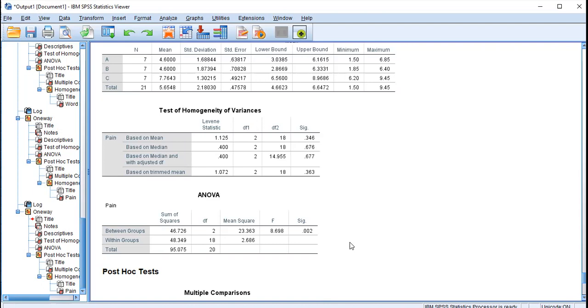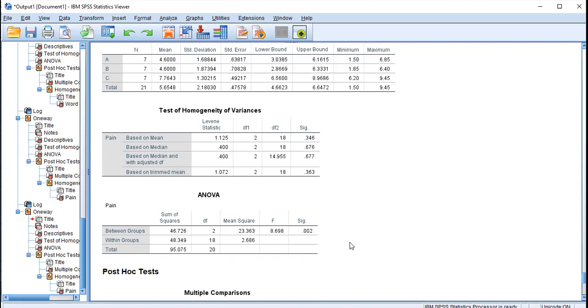So that's the case. The answer comes as the effect size, or eta square, comes to 0.49 something. So we are just mentioning 0.49 as the effect size.